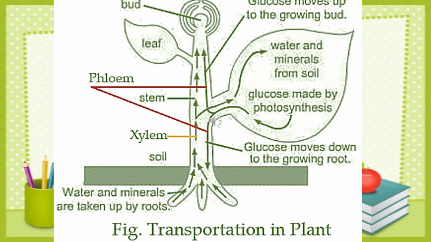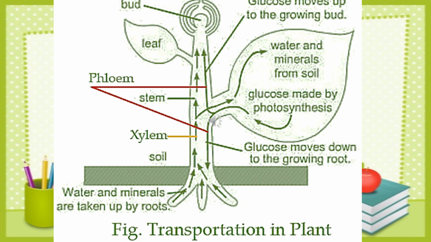Let's have a look at the picture. Here it is showing transportation in plants through xylem and phloem. Here the orange lines touching the arrows represent xylem vessels, and the red lines touching the arrows represent phloem vessels. So what happens in the xylem?